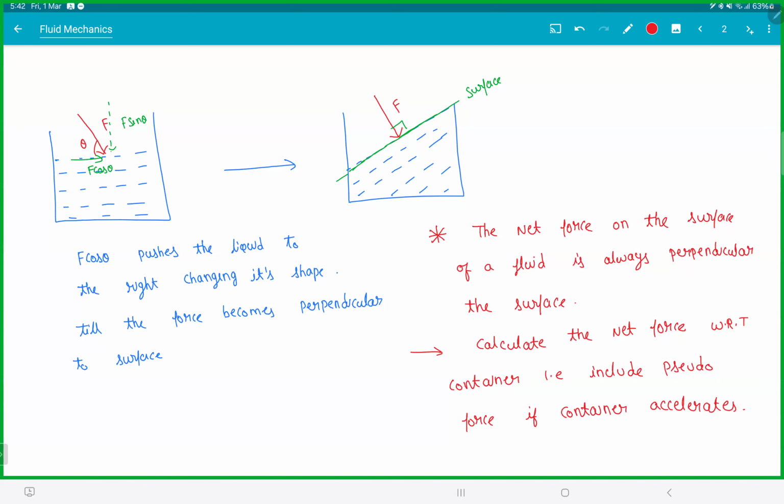Please have a look at this page. This thing, what I wrote in red, is the most important thing. This is a property of the fluid. Whenever you apply force, it cannot withstand tangential force.